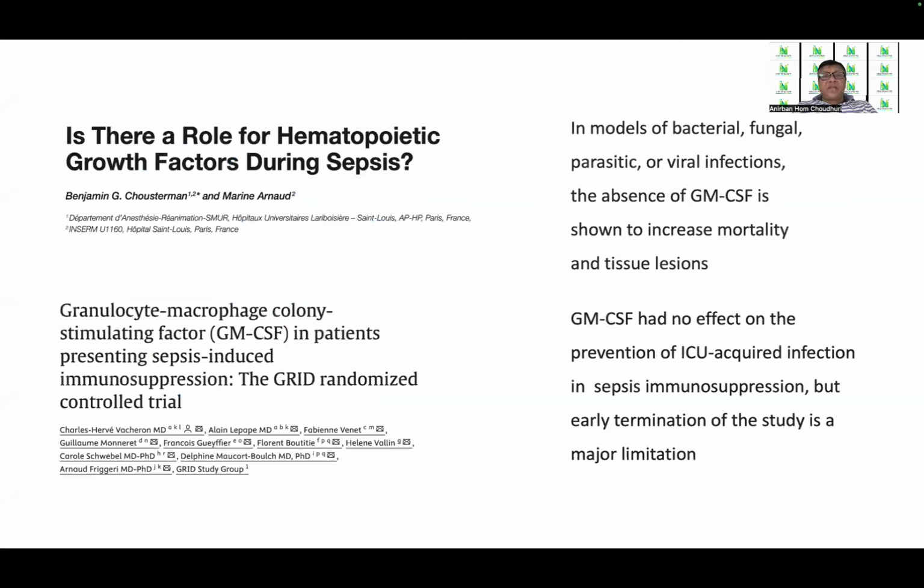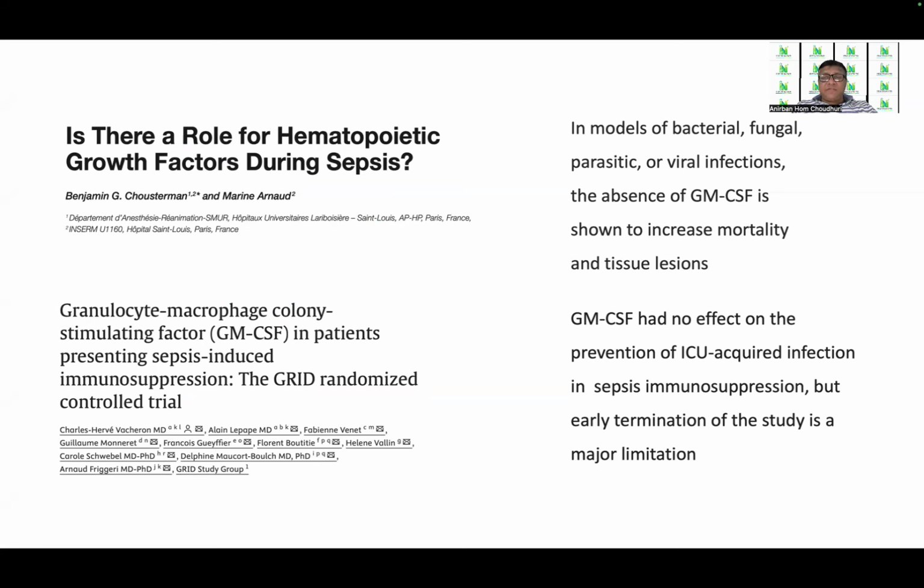So this drug has been tried in sepsis also, and in models of bacterial, fungal, parasitic, and viral infections, the absence of GM-CSF has been associated with increased mortality. Its administration had no effect on the prevention of ICU-acquired infection in sepsis immune suppression, but early termination of the study was a limitation.